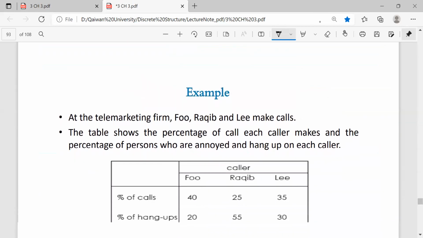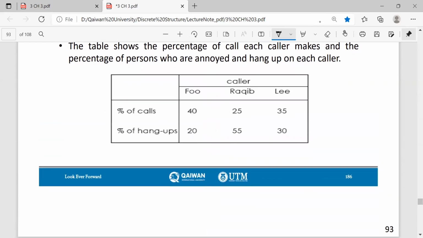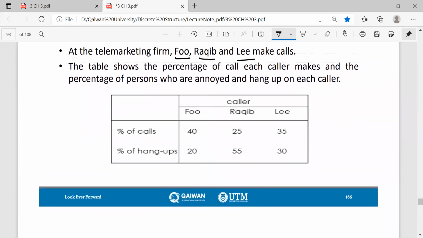Here we take an example. It says, at a telemarketing firm, Fu, Raqib, and Lee make calls. The table shows the percentage of calls each caller makes and the percentage of persons who are annoyed and hung up on each caller. Here we have this table.